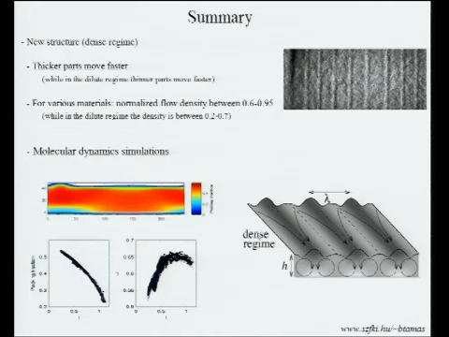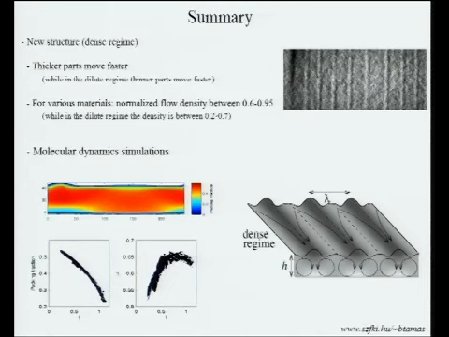So, summary: we see a new structure as compared to the dilute regime reported earlier, where the thicker parts move faster, and we have verified this for various materials, that the density range for this structure, the mean density, is always in between 0.6 and 0.95. And from molecular dynamics simulations, we see how this structure evolves as a consequence of this curve for the effective friction.